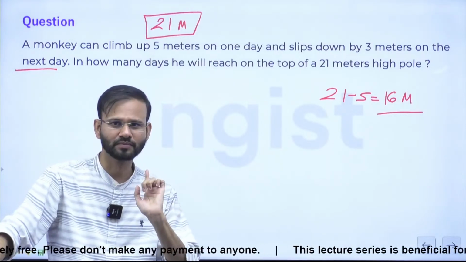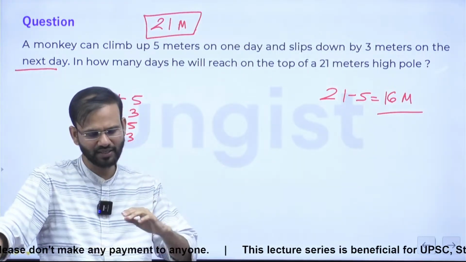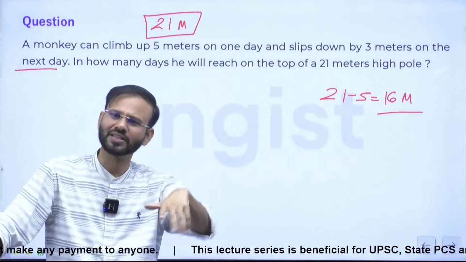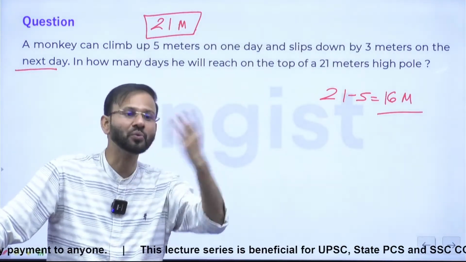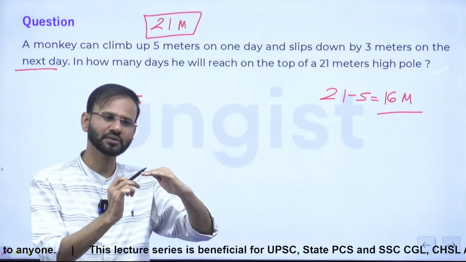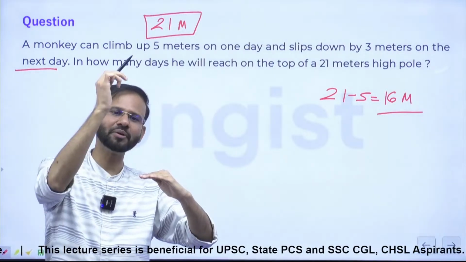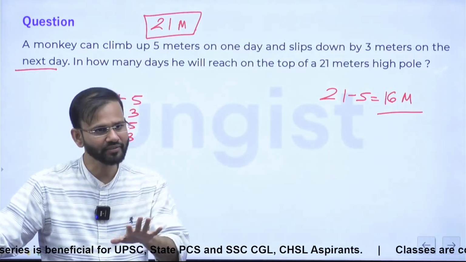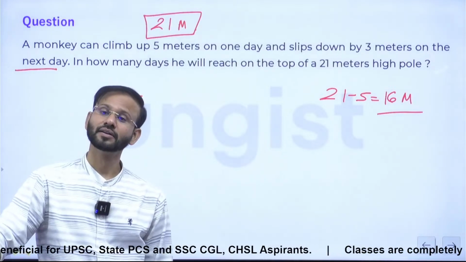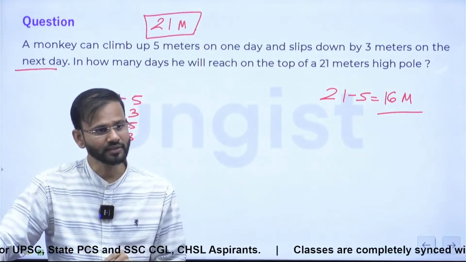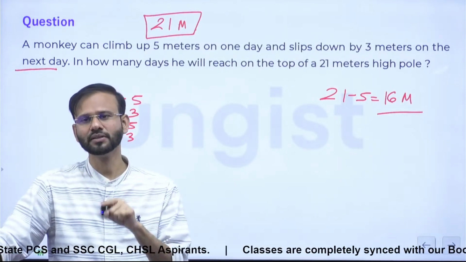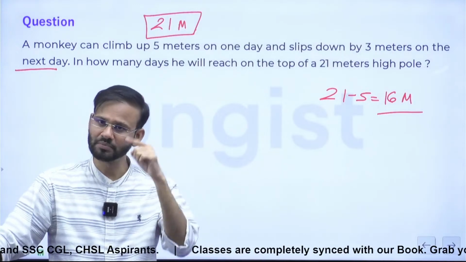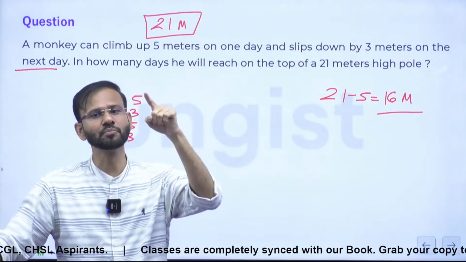Then he won't slip. If he's on the top, then that's okay, done. बात समझ रहे हैं आप? Suppose that he is stuck in a well, trying to come out. So when he is on the 16th meter, he will take a jump of 5 meters and he will be coming out of the well. That's it. Getting it, everyone? So here, the number of days required to climb 16 meters plus one more day will be the answer.